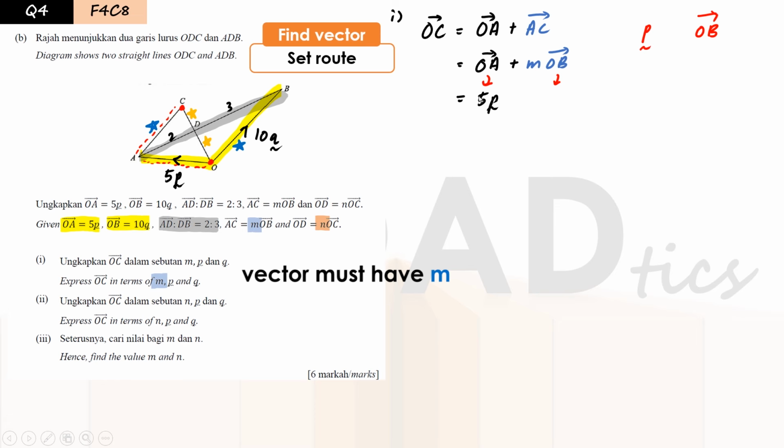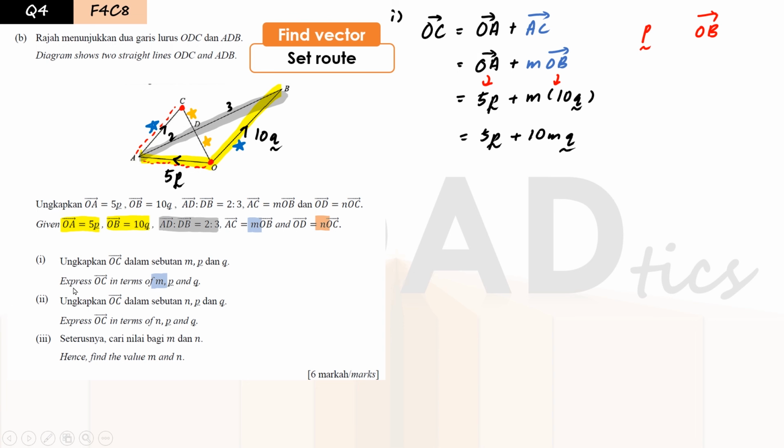OA will become 5p and OB will become 10q. You can see again, this line only has one form of vector, the one with a curly line at the bottom. Alright, so we simplify a bit and this would be our vector, which has M.